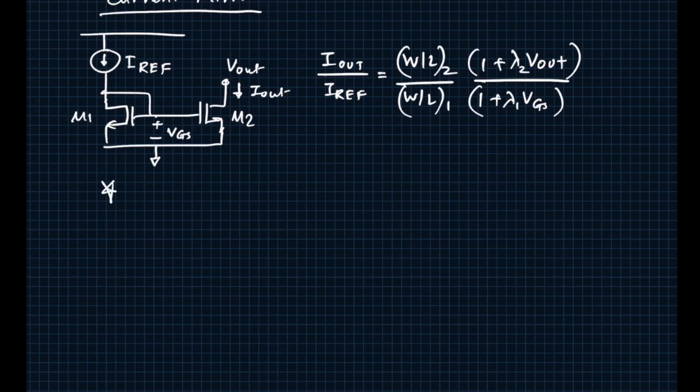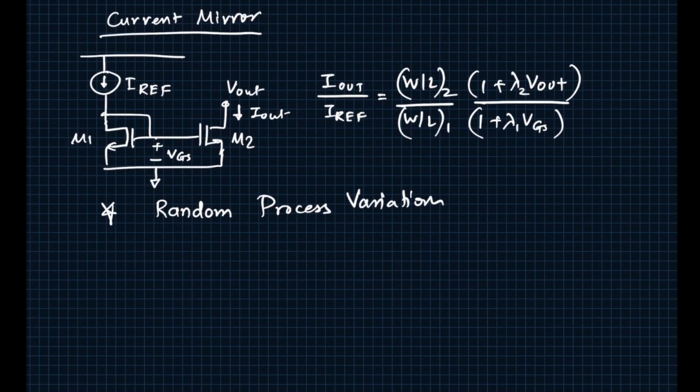The first thing is going to be about random process variation. When we draw these transistors in silicon, we use techniques such as lithography. You already know about that, and let's draw the picture of how it really looks. Let's say this is the diffusion region, and it will have some jittery edges, and this is our poly.